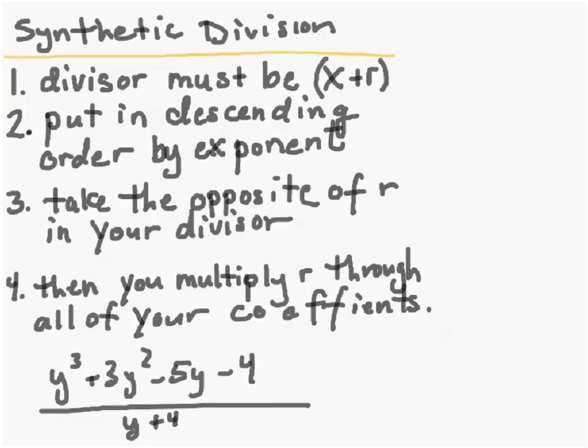Okay, so we have it in descending order. We have y to the 3rd, to the 2nd, to the 1st, and then the minus 4. And our divisor is y plus 4.